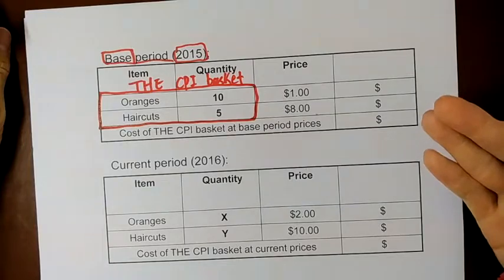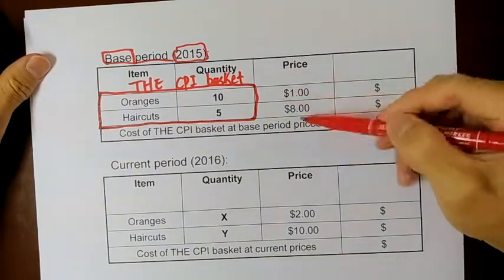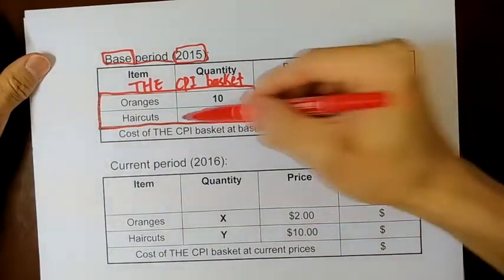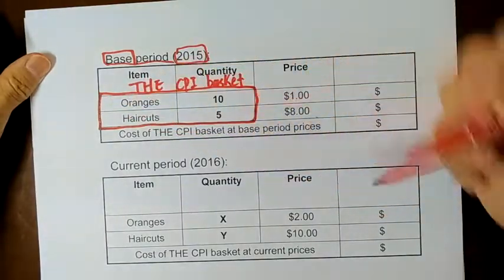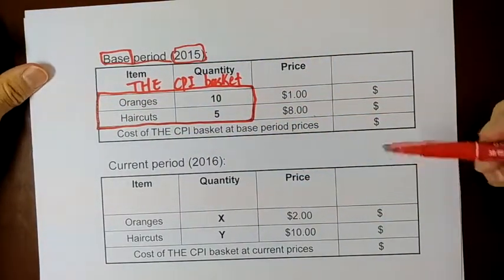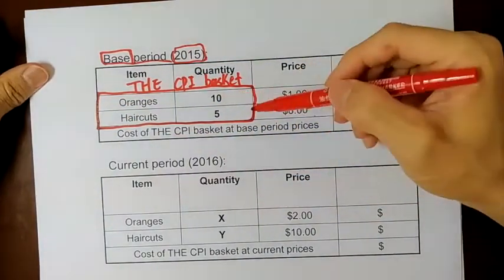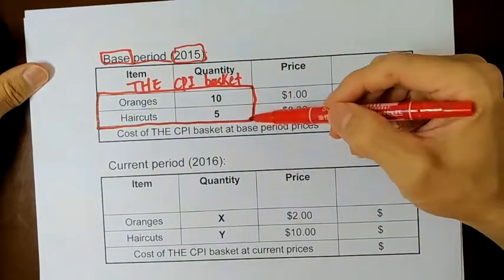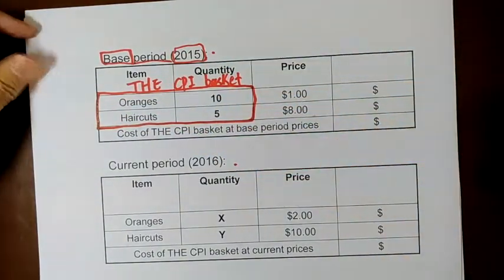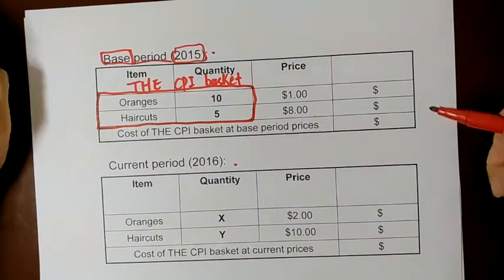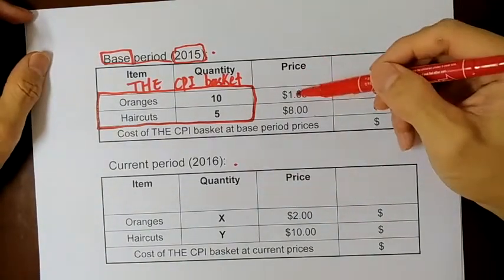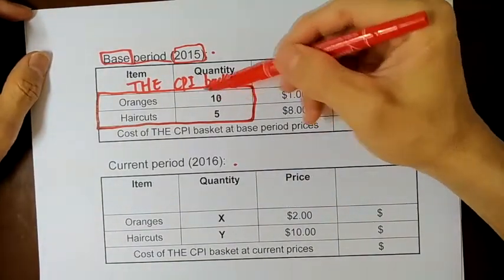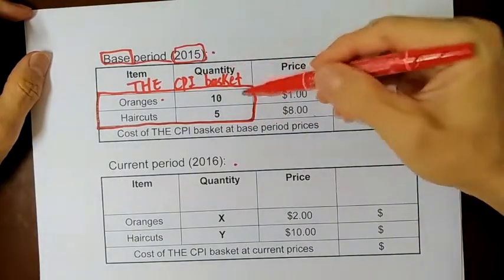The third stage, use the survey prices and the CPI basket to calculate the cost of buying this CPI basket in different years. So let's do it. What is the cost of buying 10 oranges in 2015?